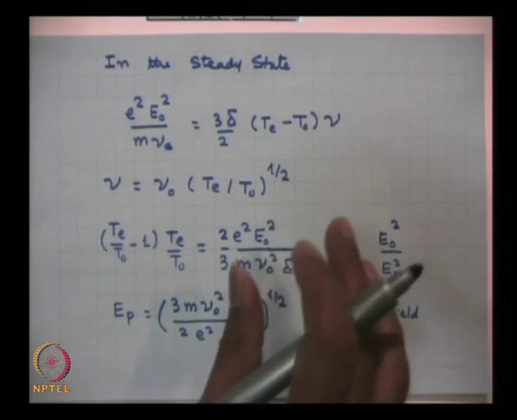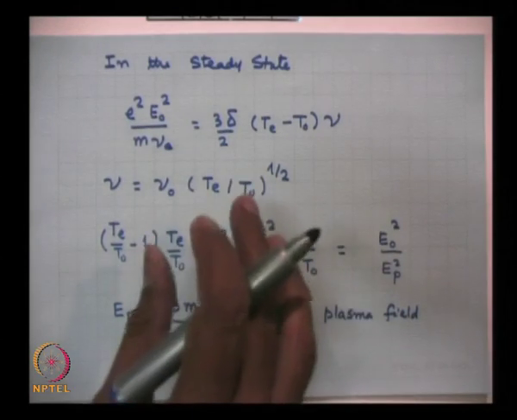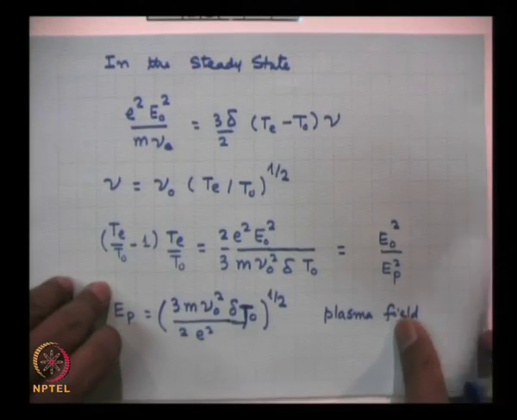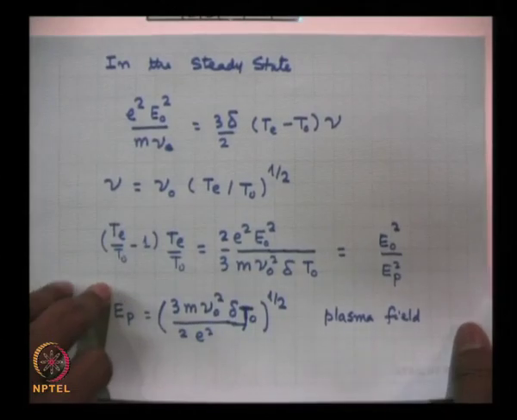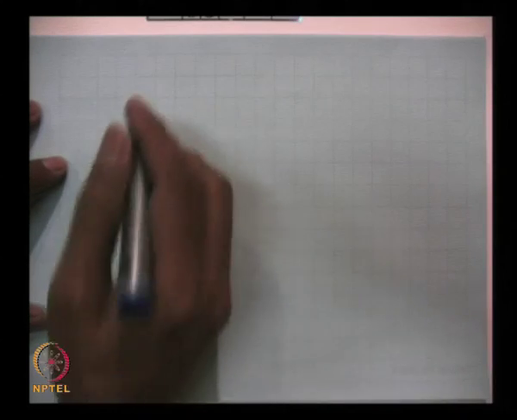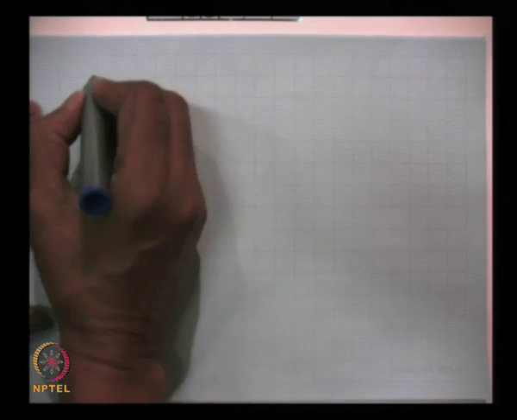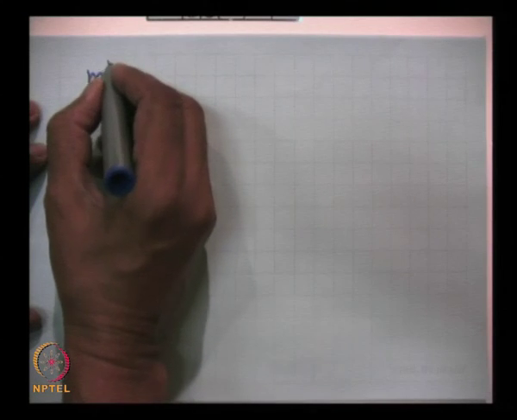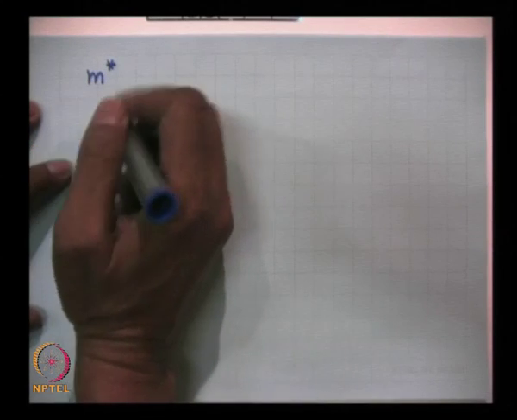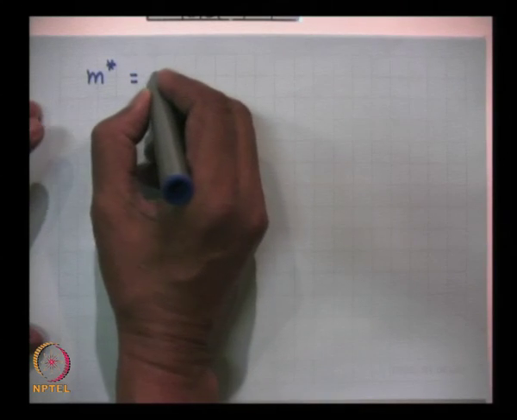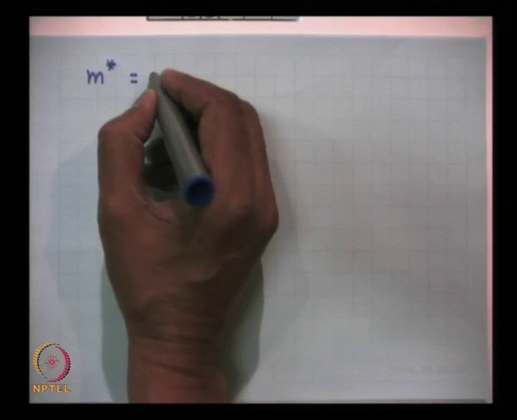Let me just give you some typical values. In the case of a semiconductor, for instance, you know that in semiconductors the electron mass m, let me call this m star, called the effective mass of the electron in a semiconductor, is sometimes less than the free carrier mass.